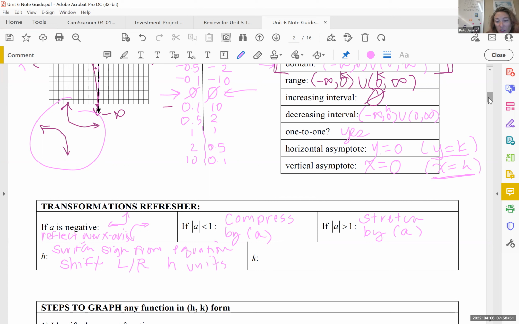And so this one is going to be shift up or down K units. And K is going to, again, be y equals k as the horizontal asymptote. And x is equal to h as the vertical asymptote. So identifying H and K is going to be the most important first step.